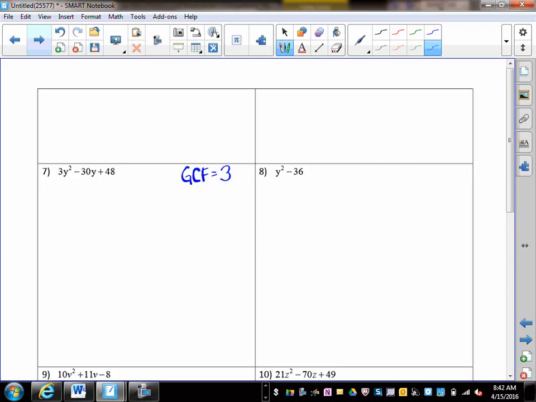Alright, so when we have our GCF, we have to factor that out. So let's factor it out. I like to use the brackets. If it helps you to draw in your division, please do so. Alright, so what are we left with then? y squared minus 10y, minus 10y. Plus.